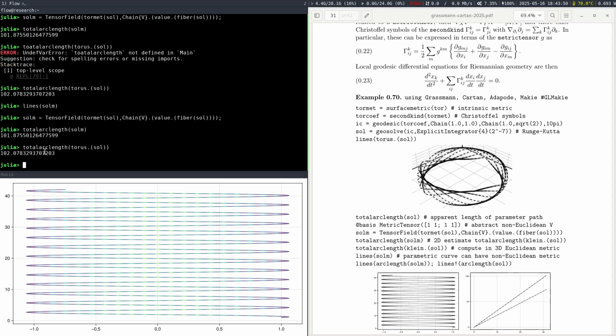So using the intrinsic metric, this is like a line, a two-dimensional line that goes through a two-dimensional space having a metric tensor.